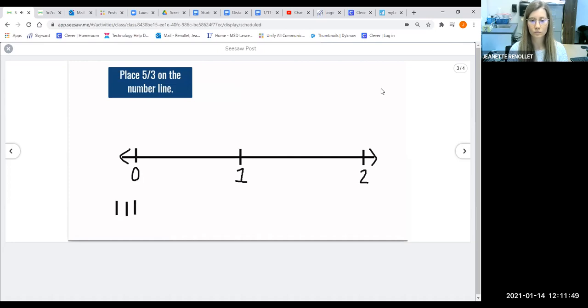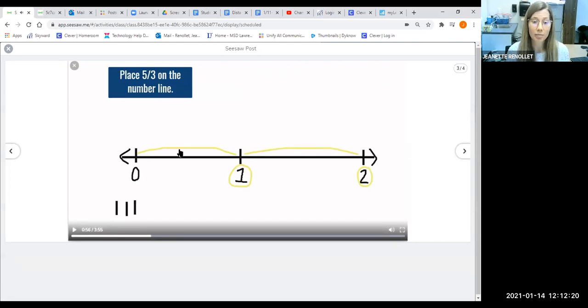I notice my first tick mark is 0, and 1 whole is right here. This space between 0 and 1 is 1 whole. If I continue on the number line, I notice my next tick mark is 2. The space between 1 and 2 is another 1 whole.